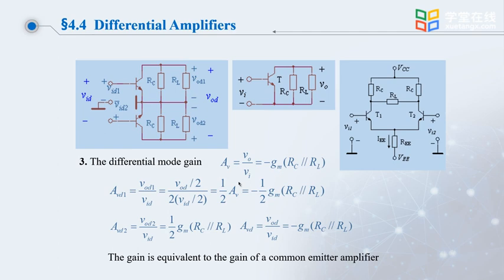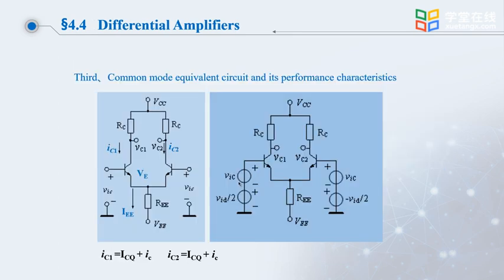The differential mode gain of the double-ended output is equal to VOD divided by VID, equal to negative GMRL. It can be seen that the differential mode gain of the double-ended output is the same as the single-stage amplifier. The following describes the common mode equivalent circuit and its performance characteristics.